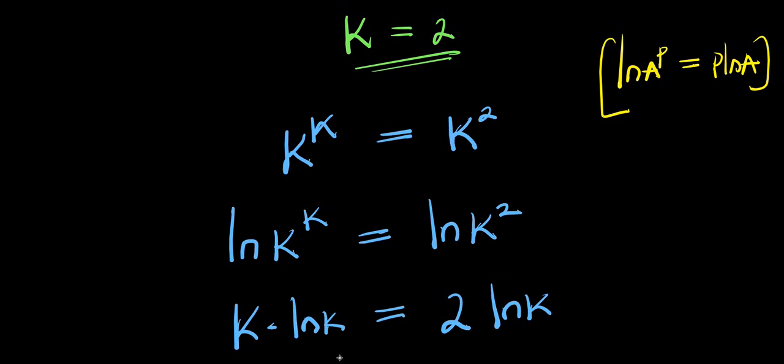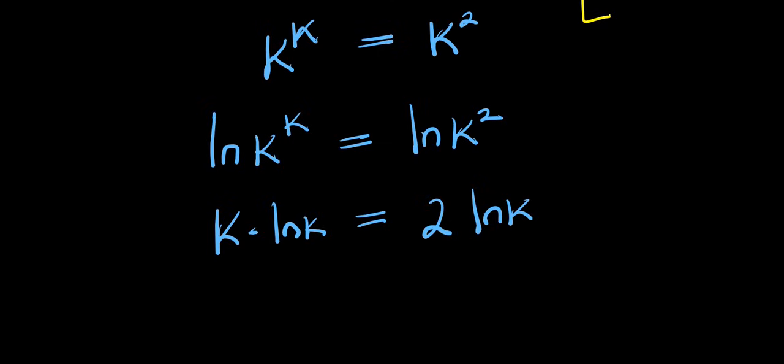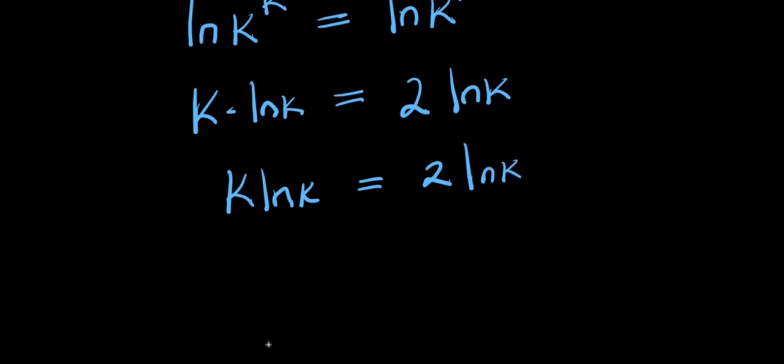So that is not all. From here, k times natural log k will give you k natural log k, and this equals 2 times natural log k. So from here, what we are going to do will be to solve this.